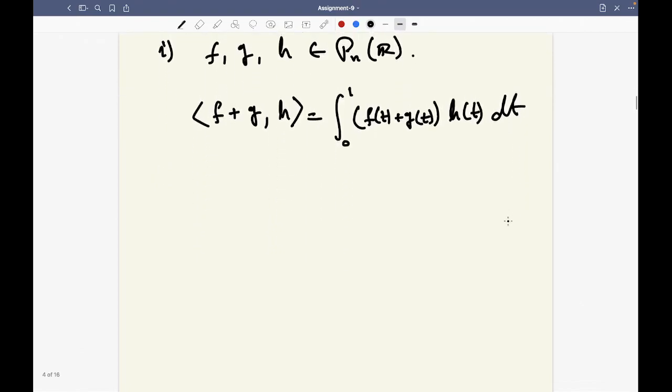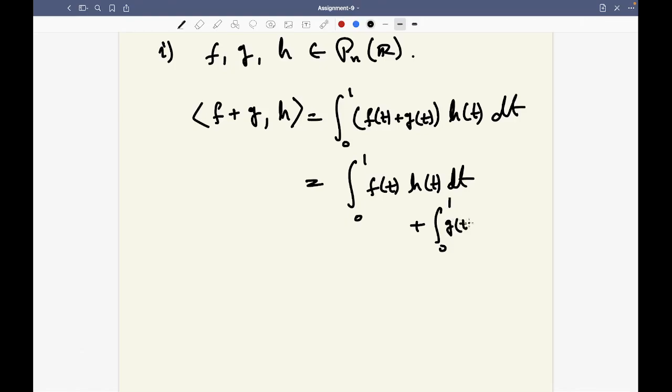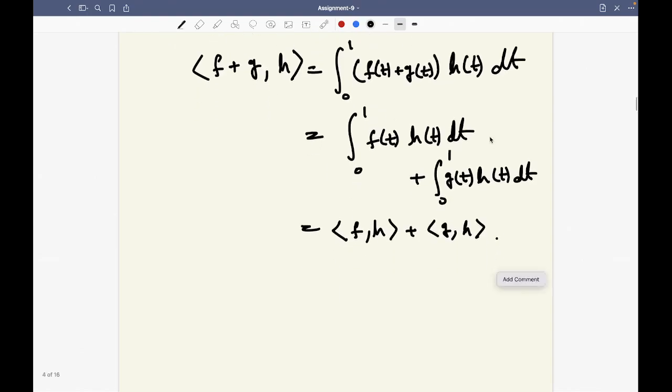Now by the additivity of the Riemann integration, first it will be integral 0 to 1 of f(t)h(t) dt plus integral 0 to 1 of g(t)h(t) dt. So this is the f inner product with h plus g inner product with h, right? So this satisfies the first one.